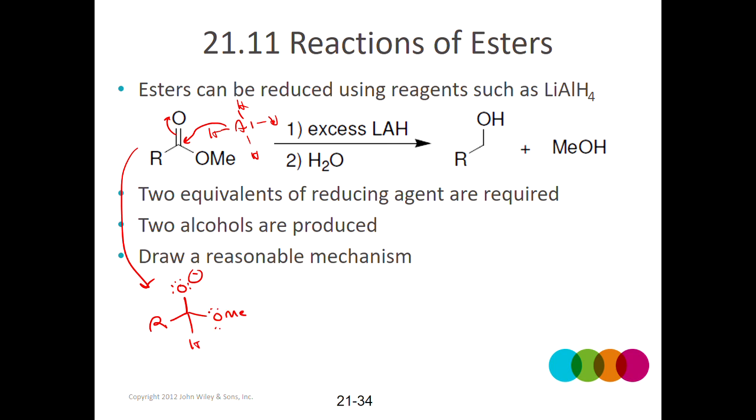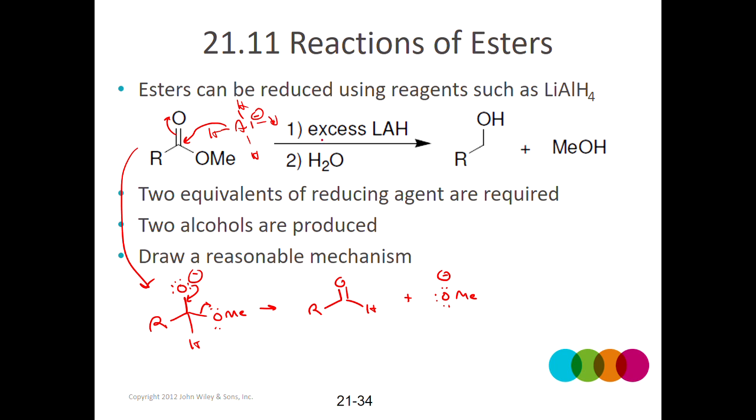And the methoxy group is a better leaving group, or more stable with the negative, than the negative on the aluminum or the hydrogen. So this will swing in and push that out. That will give me an aldehyde initially.